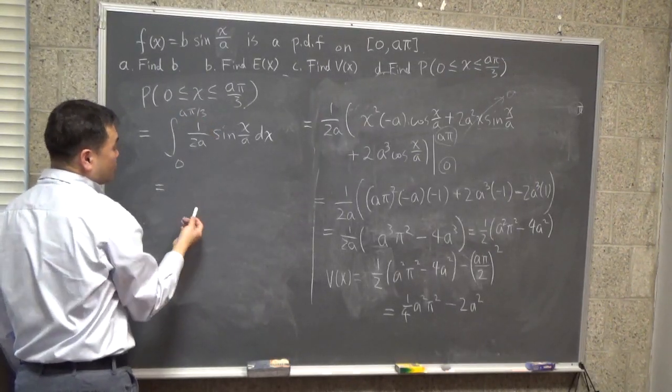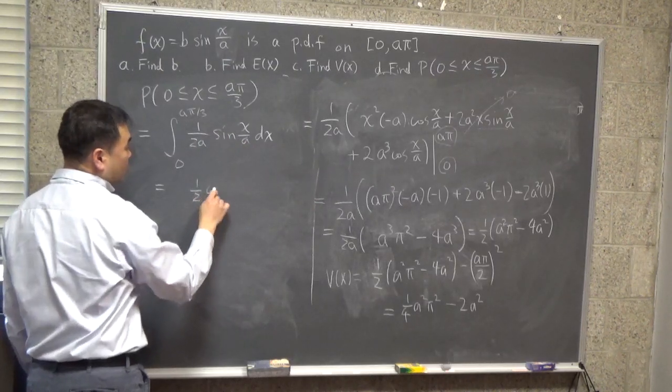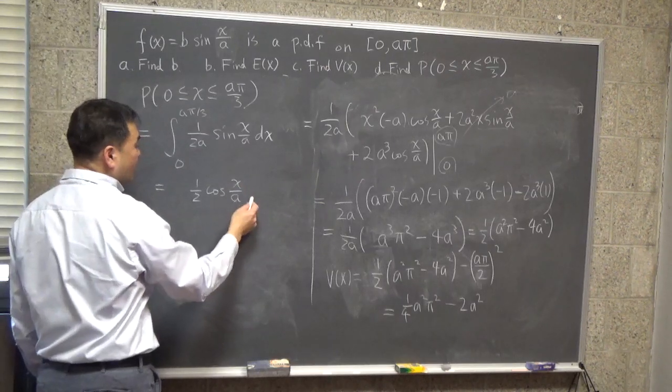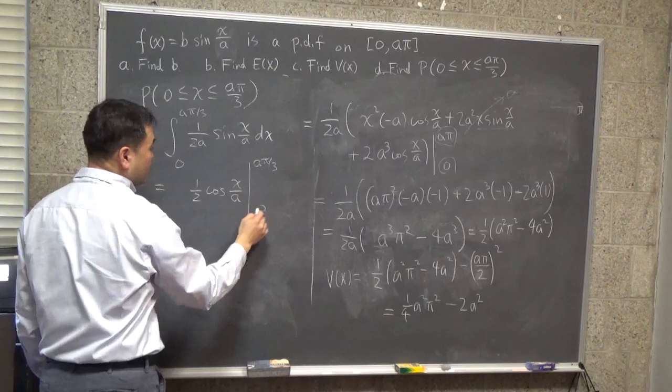This one is going to be 1/2 cosine x over a, and you have to plug in a pi over 3 and then 0.